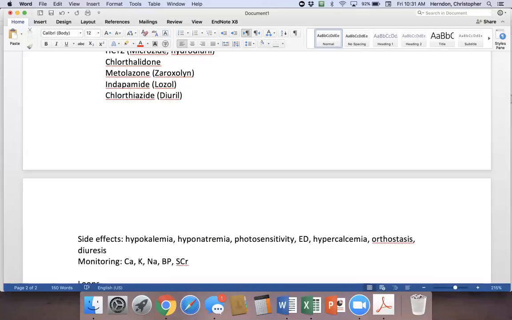Why else would we want to monitor serum creatinine or renal function in these drugs besides that we're causing problems? I know they have renal dosing.